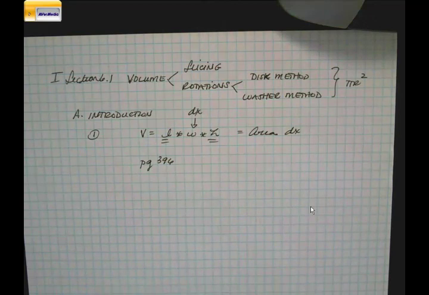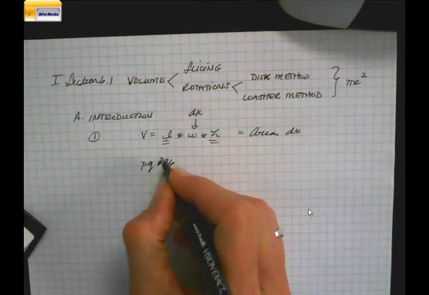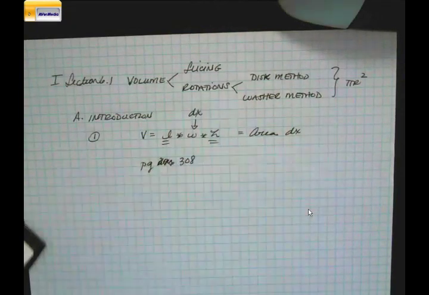That's what I get for using more than one textbook when I'm trying to get this stuff prepared for you guys to make it as easy as possible. Okay. That is all wrong pages. It's page 308. Good grief. All right. Okay.